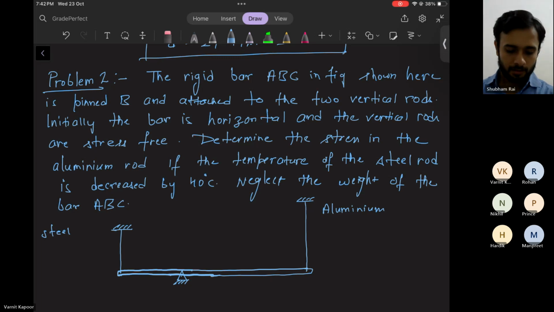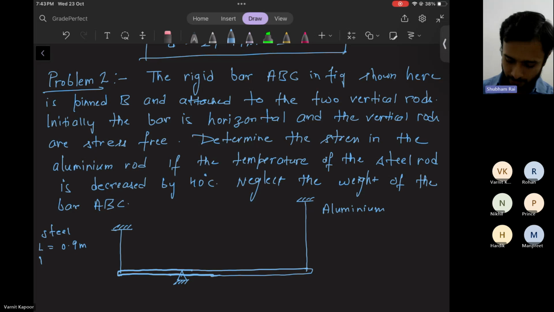Okay. Now the length of the steel is 0.9 meter. The area of this rod of steel is 300 mm square, and Young's modulus is 200 into 10 to the power 9.